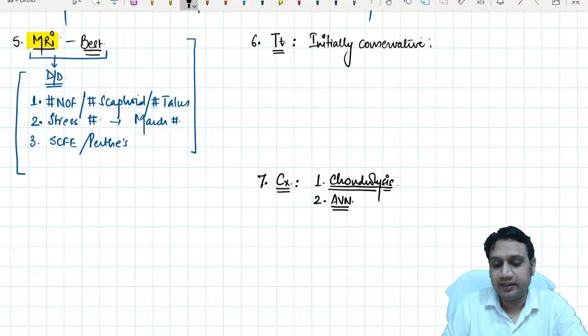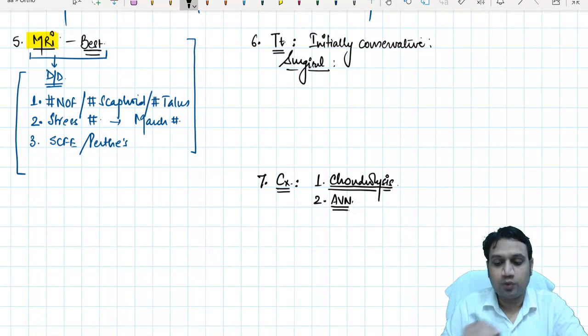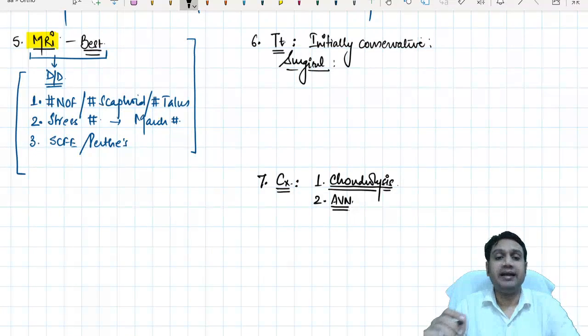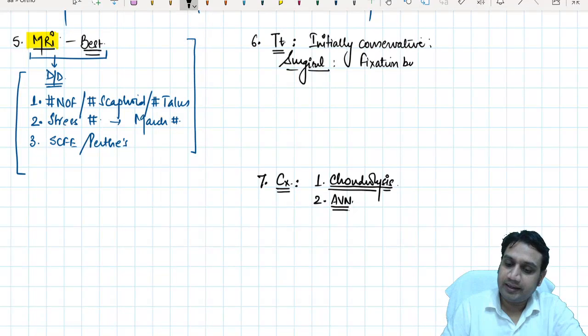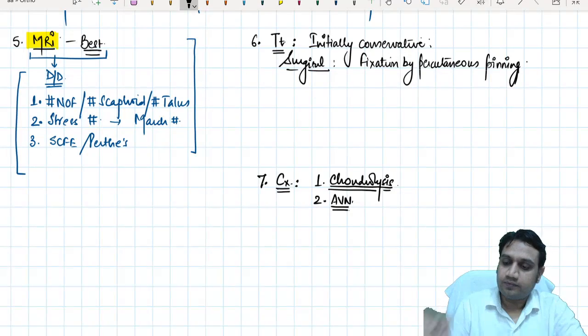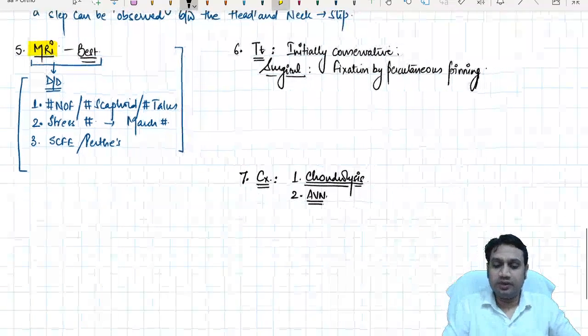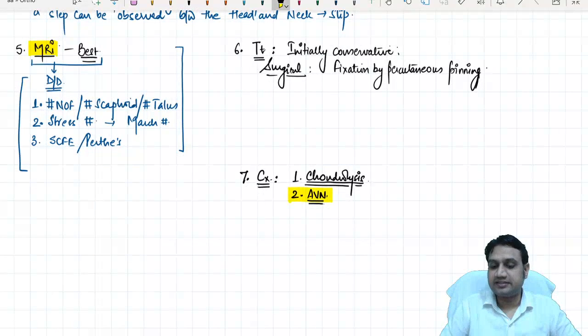But if required for surgical purposes, what we can do is fixation by percutaneous pinning of whatever has been slipped, right? So do remember, the complication related to this SCFE is AVN, and that's why MRI is the investigation of choice.